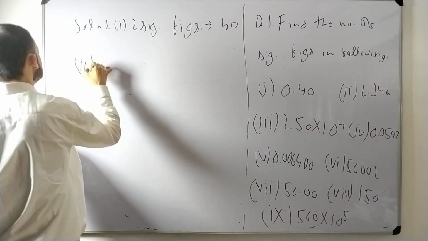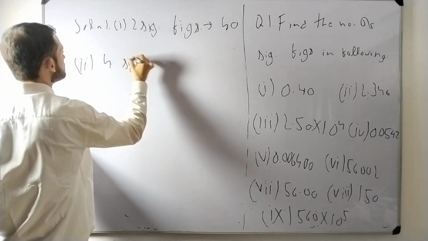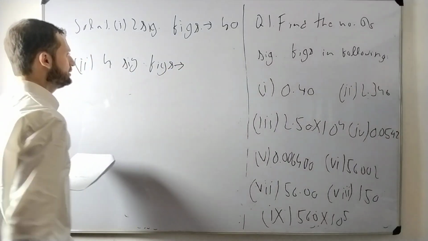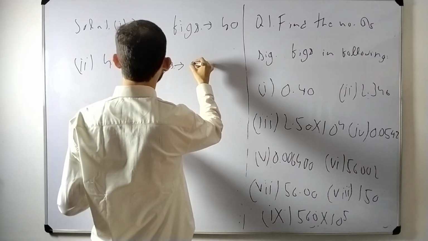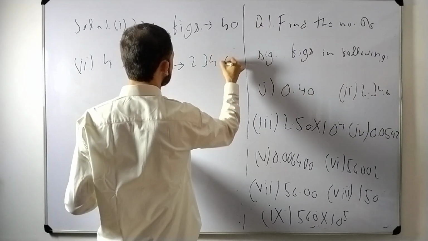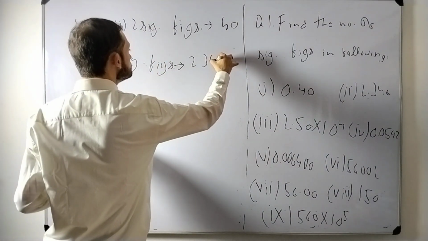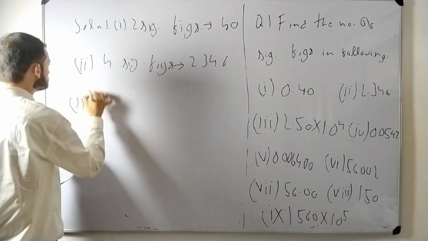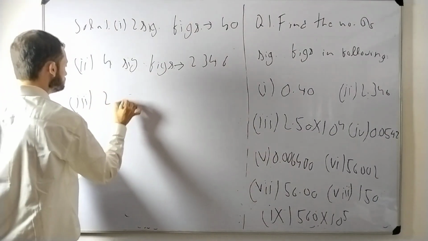Second, being 4 significant figures. What were they, students? Sir, 2.3, all of them, sir. 2, 3, 4, 6. Third. How many significants? Sir, 2.